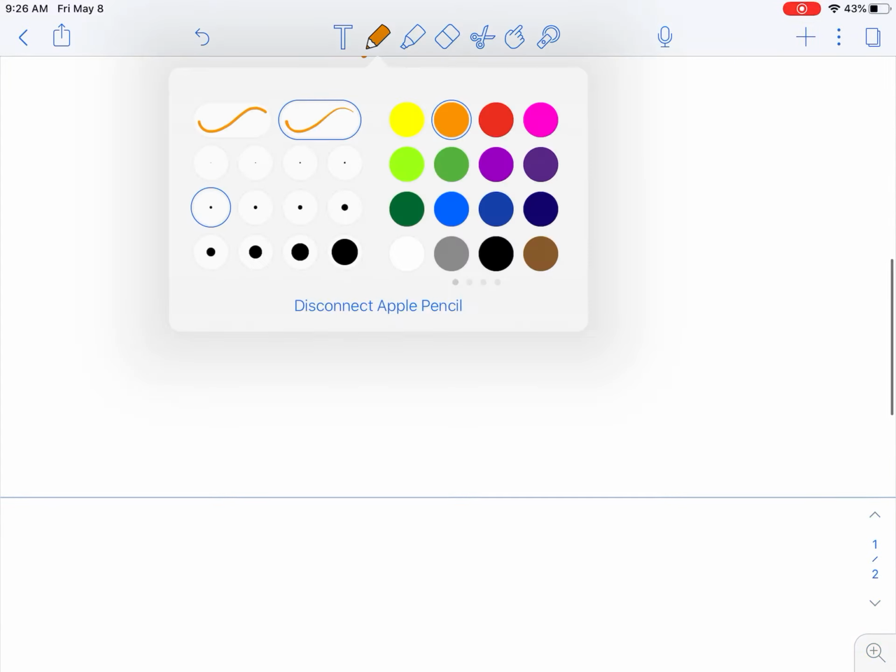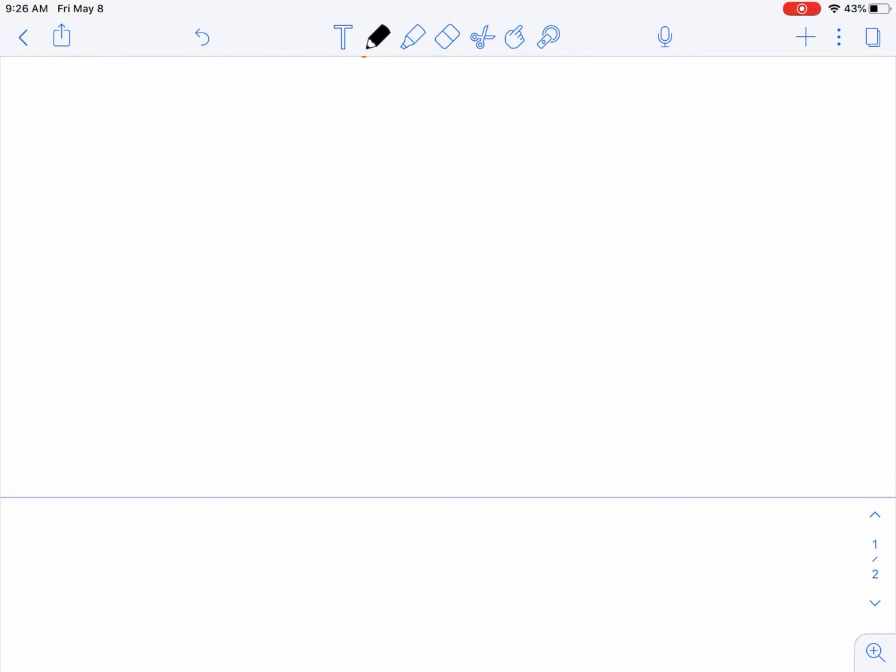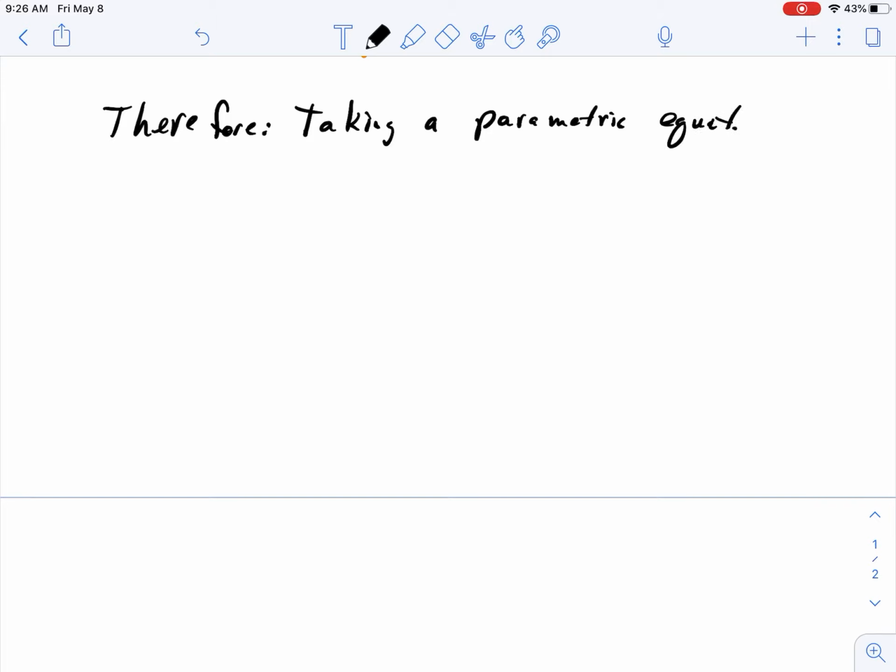So, therefore, we're taking a parametric equation, which is what we did in chapter 12, and writing it as a vector function.